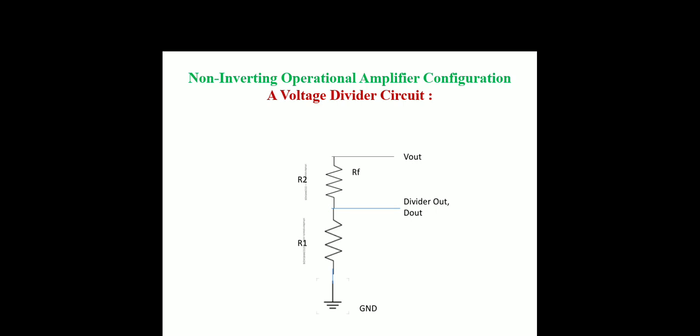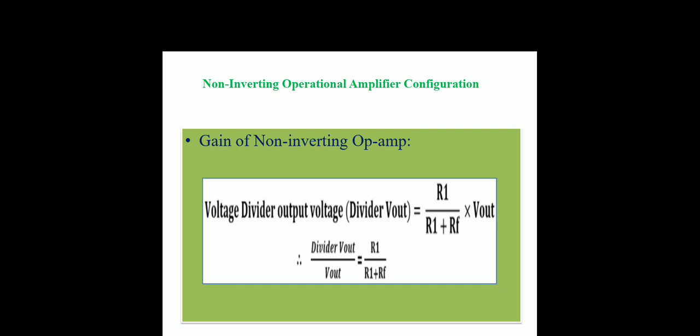Due to this, as Vout is dependent on the feedback network, we can calculate the closed loop voltage gain. The voltage divider output voltage, that is divider Vout, is equal to R1 upon R1 plus RF into Vout.